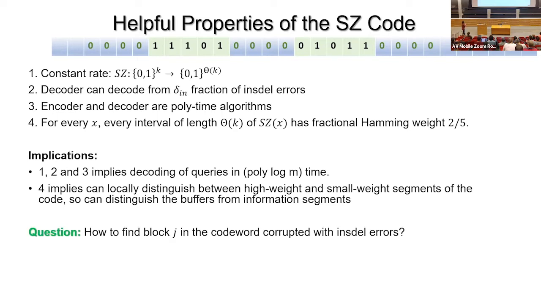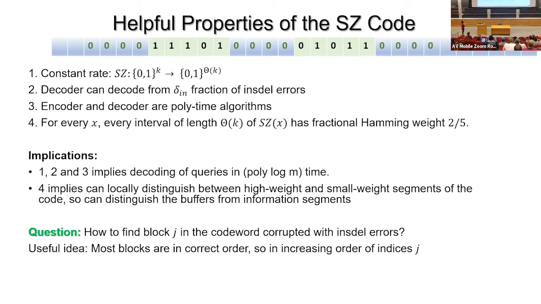So back to the question: how do we find a block j when the code is corrupted? The first thing you would think about is binary search, but now there are errors, so we want some sort of noisy binary search.